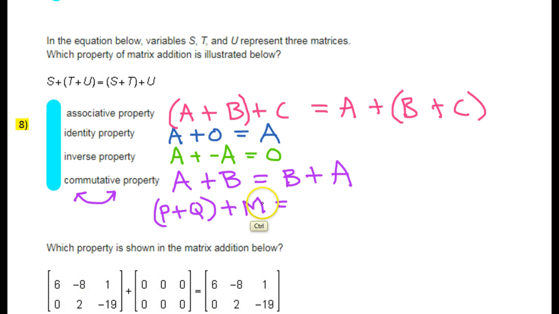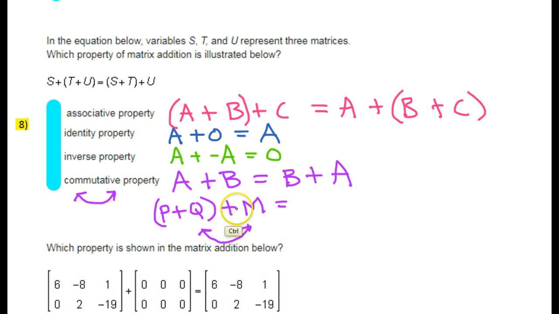Alright, now this is going to be another example of the commutative property. So the commutative property is when you take two things and you swap them around. Well, if I treat the parentheses as its own thing, I can still take these two things and swap them around, and that would be the commutative property.